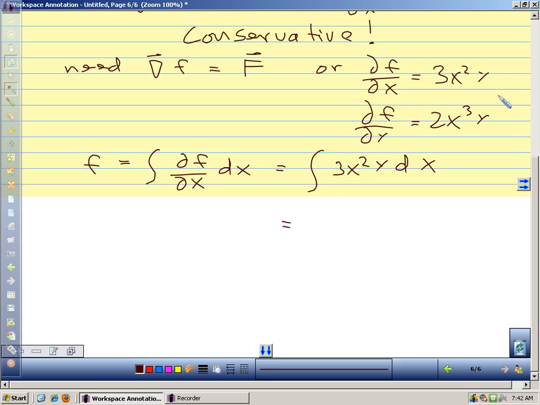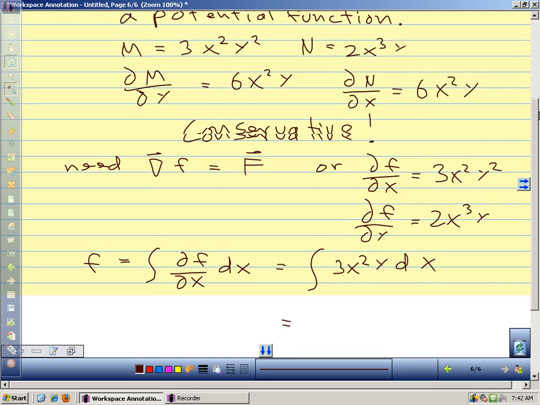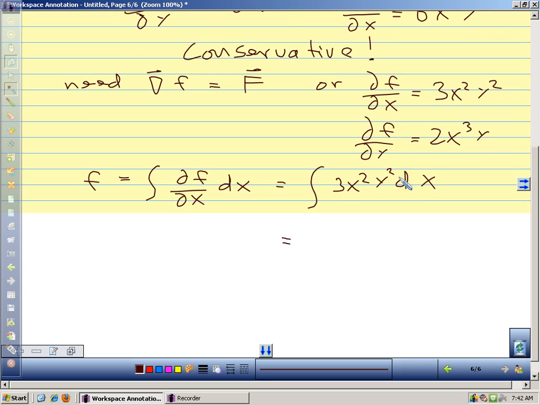Did I miss something? Yeah, this should have a y squared. So this should be x cubed y squared. But what is my constant of integration going to be?